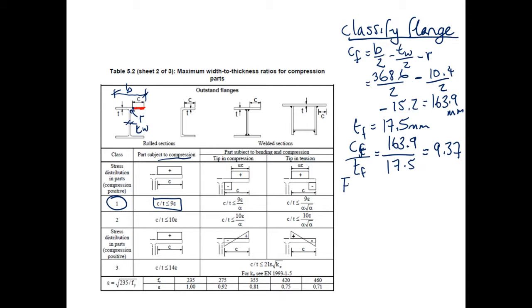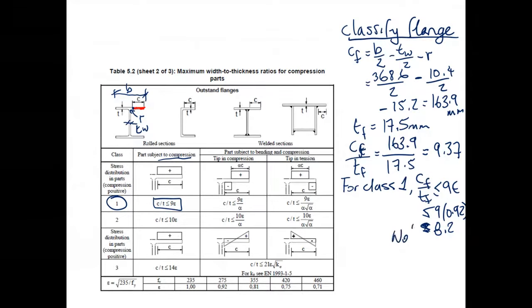So for class 1, C of the flange divided by thickness of the flange has to be less than or equal to 9 epsilon, which is 9 times 0.92, something like 8.3. So that's not true. Okay, we have no there.